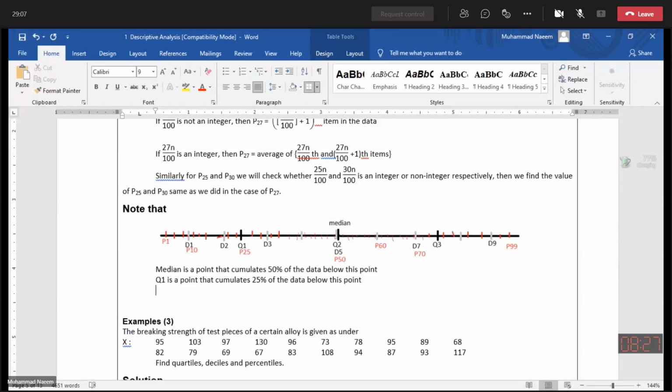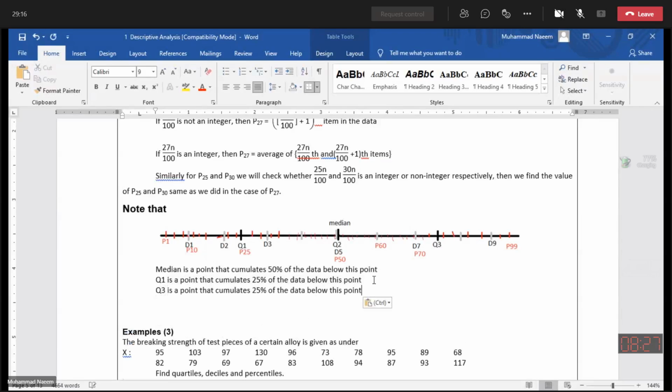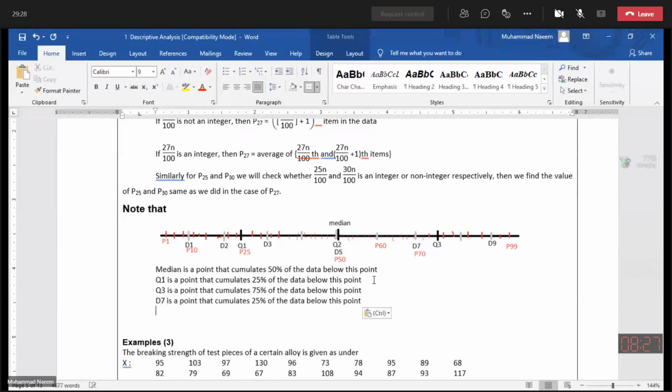Similarly, Q3 is a point which accumulates 75% of the data below this point. D7 is a point that accumulates 70% of the data below this point.